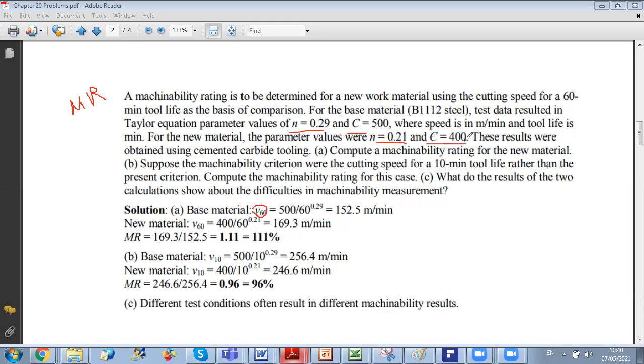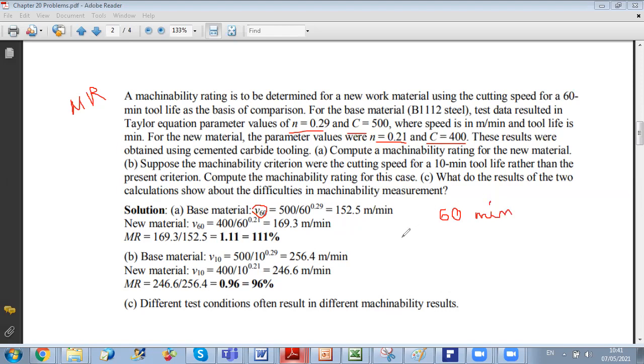In general, the criterion is to compare for the same lifetime of the tool, for example 60 minutes. So for a tool life of 60 minutes, what will be the maximum cutting speed before we can consider that we cannot use the tool anymore?